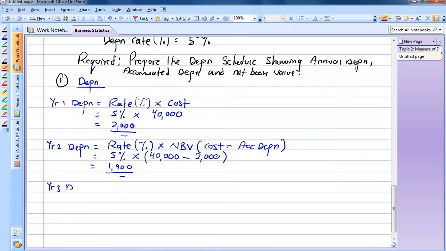Then year 3 is the same formula as year 2. You just continue, but you don't need to write the formula. Straight away go to the working. So 5% times 40,000 minus 2,000, year 1 depreciation, minus year 2 depreciation. How much do you get? You will get 1,805.